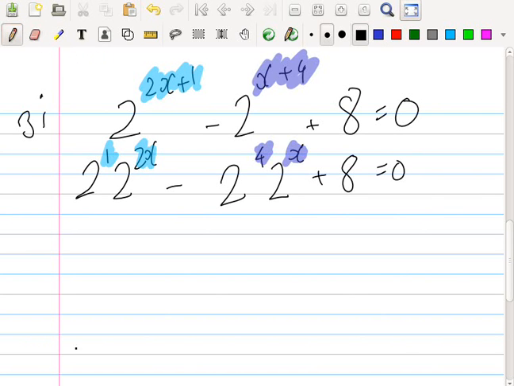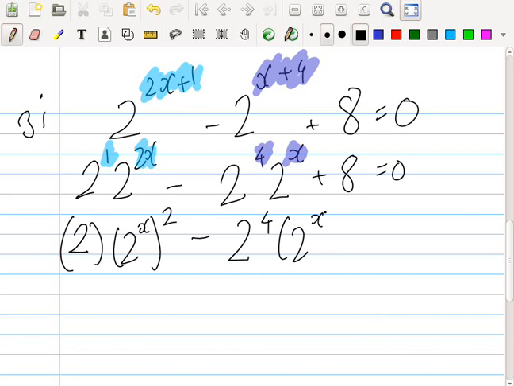So that's using the first rule of powers. Then what I'll do is I'll change this into 2x squared. What's that? That's the third rule of powers, I believe. Yeah. And then here, no change needed.